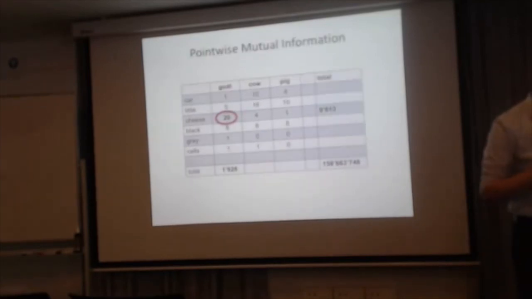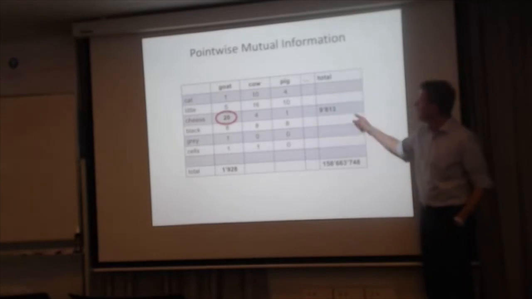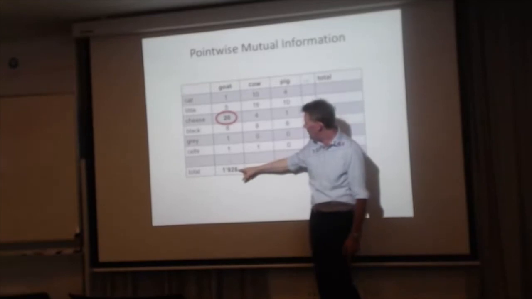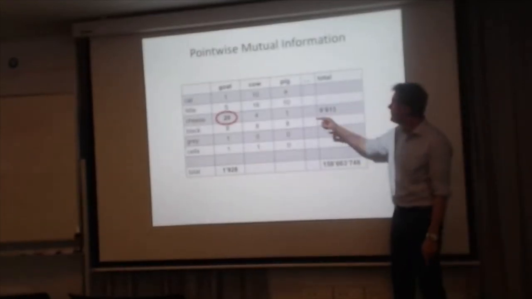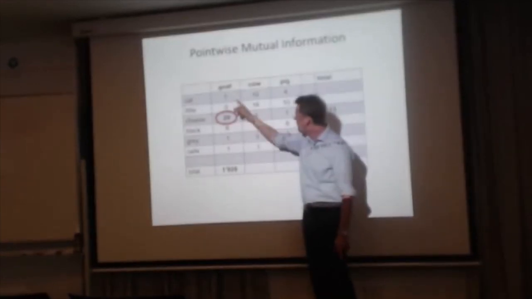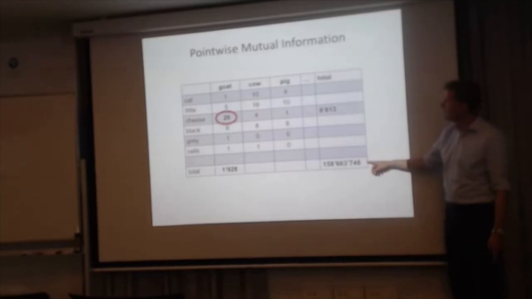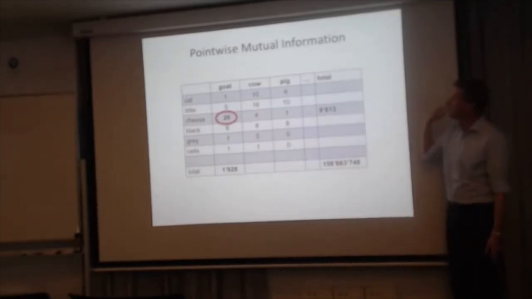So pointwise mutual information uses the marginal frequencies of the collocates and of the vocabulary items. On the whole, we have about 2,000 instances of goat, we have about 10,000 instances of cheese, and we have 20 co-occurrences of the two. On the whole, in this table, we have a large number of collocations because there are lots of vocabulary items, lots of context items.